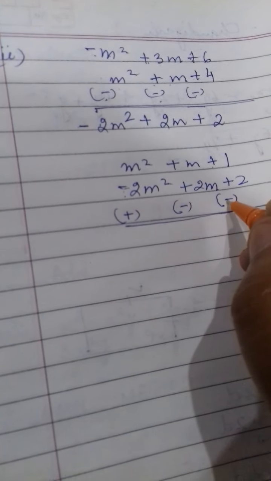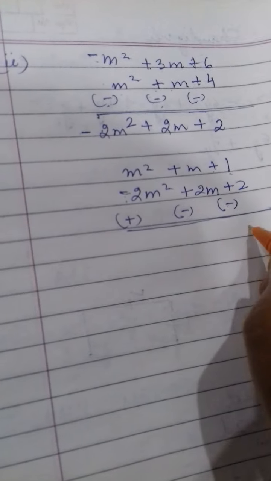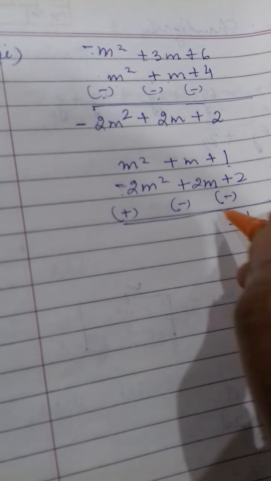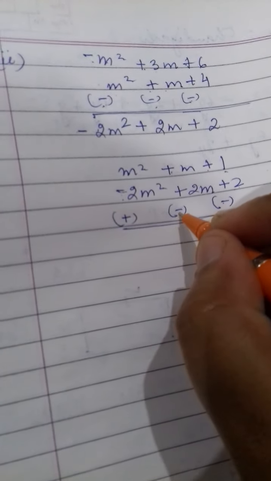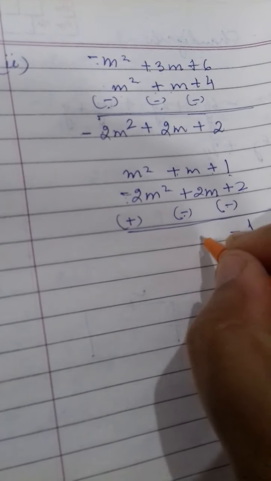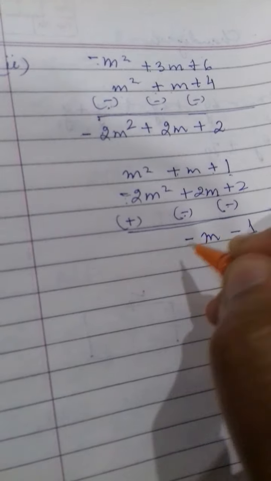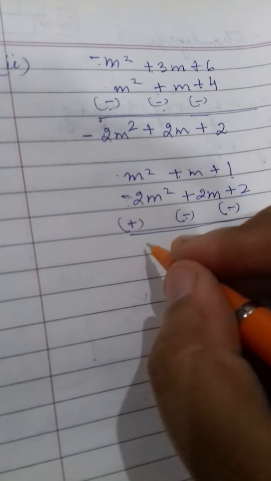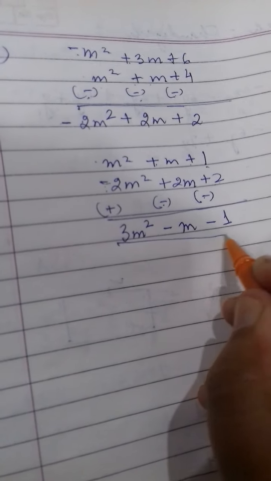Now minus plus minus, so 2 minus 1 is 1, and 2 is greater, so minus sign will come. Now plus minus minus, so 2 minus 1 is 1m, and 2 is greater, so minus sign will come. And plus plus plus, 2 and 1 is 3m square. So final answer is this.